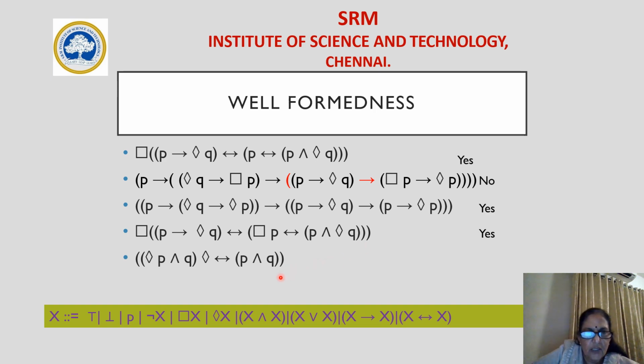Now let us go to the next one. If I look at this, parenthesizing has happened appropriately, but I have a unary connective followed by a binary connective, and I am not having any proposition associated with this unary connective, hence this is not valid.